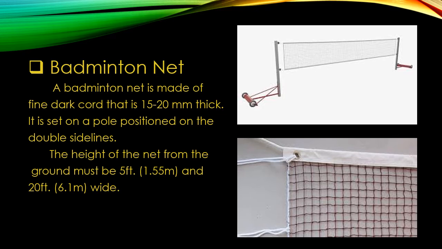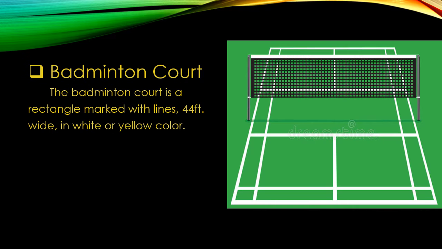The height of the net from the ground must be 5 feet, and it is 20 feet or 6.1 meters wide. Another one is the badminton court. The badminton court is a rectangular mark with lines, 44 feet wide, in white or yellow color.